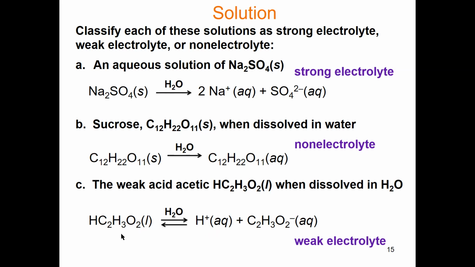But for example, this is a weak acid here, and a weak acid only weakly dissociates. So you have very few ions in solution and more of the acid as a molecule without a charge. That's why there are few ions and it's weakly conducting electricity. There are not enough ions to fully conduct electricity. So that's a weak electrolyte. You recognize it. They do have ions, but it's an equilibrium, and typically the equilibrium is not in favor of the ions. So there are few ions that can only weakly conduct electricity.